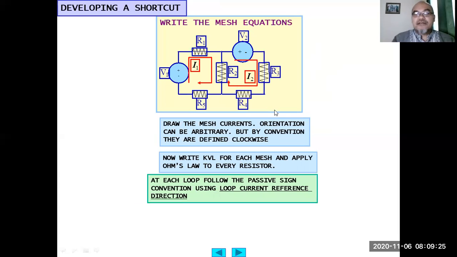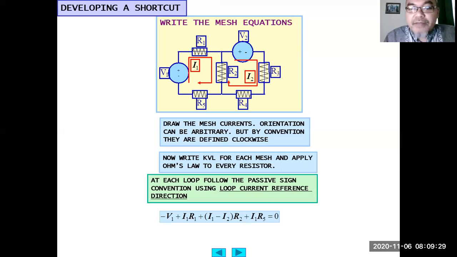So what we need to be careful about is that each loop should follow the passive sign convention, using the loop current reference direction. Then from that you determine whether the sign is positive or negative.